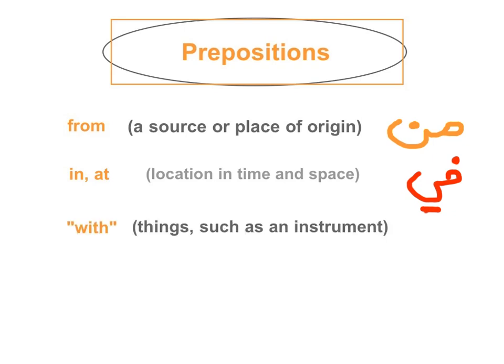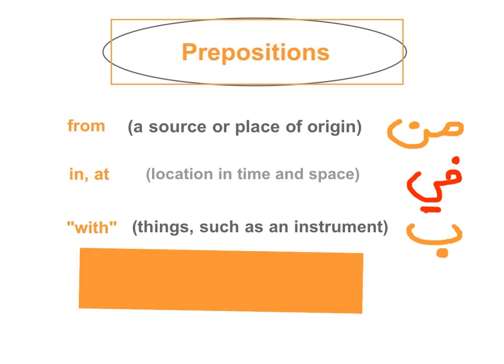The next one is the preposition with. When we use it with an instrument, in Arabic it is b. For instance, if I want to say I want a tea with milk, I would say أريد شاي بالحليب. Notice that ba will attach to the next word.